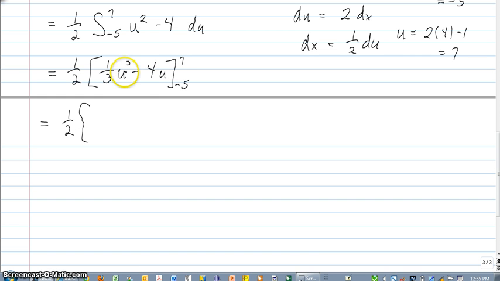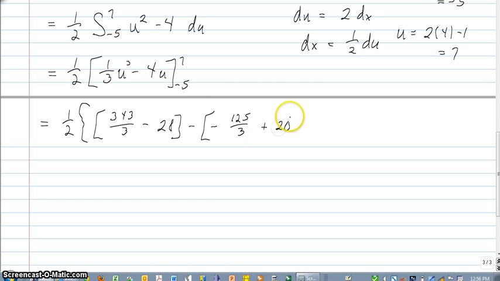If I plug 7 in for u, that's 343 over 3. 4 times 7 is 28. If I plug negative 5 in and cube it, that's negative 125. And negative 5 times a negative 4 would give me positive 20. So I'd add all these numbers up and multiply by 1/2, and you should find that that comes out to be 54.